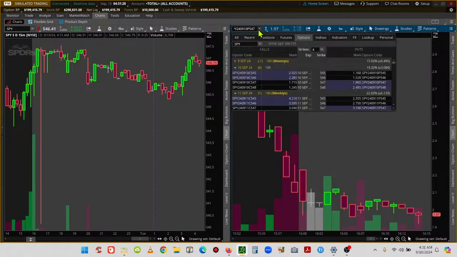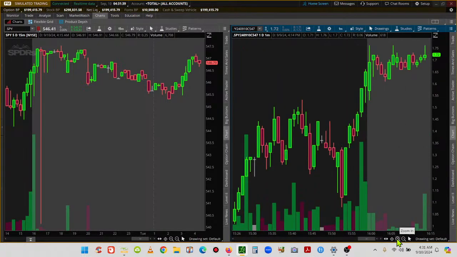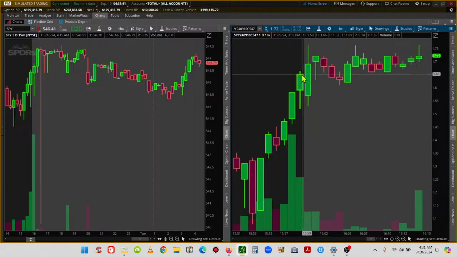Let's see what the 547, the opposite side, the call, did, and zoom in and look at the after hours there. So the candle closed right there at 165, and then in after hours it went up to 172. So not much more, but it went up a little bit.